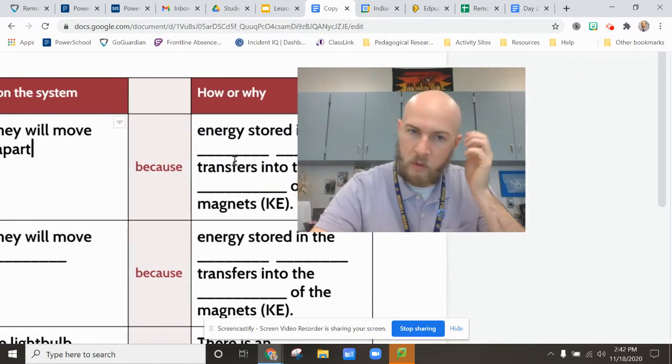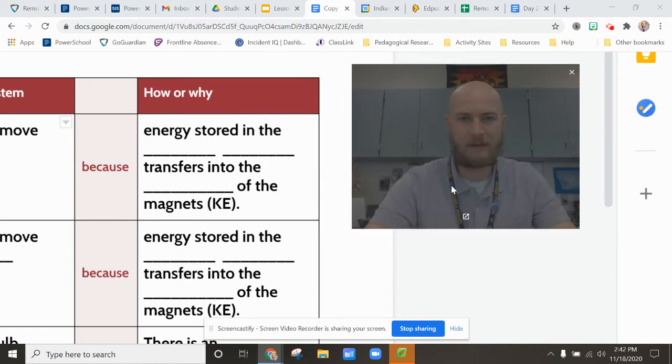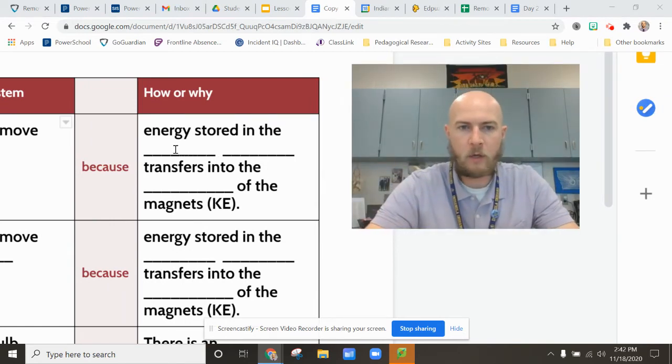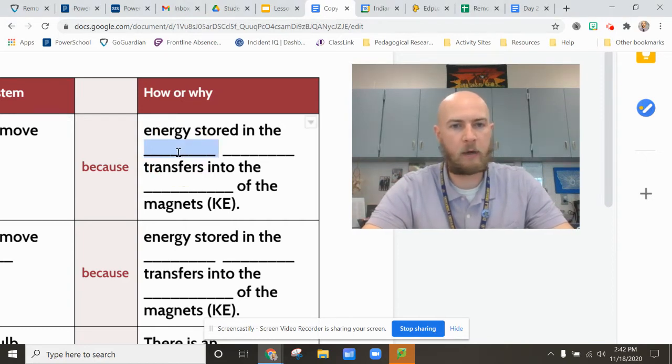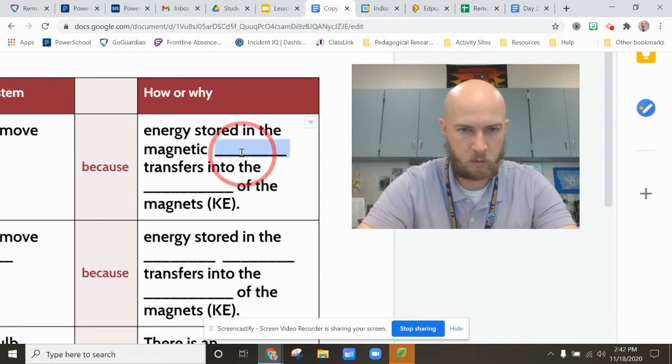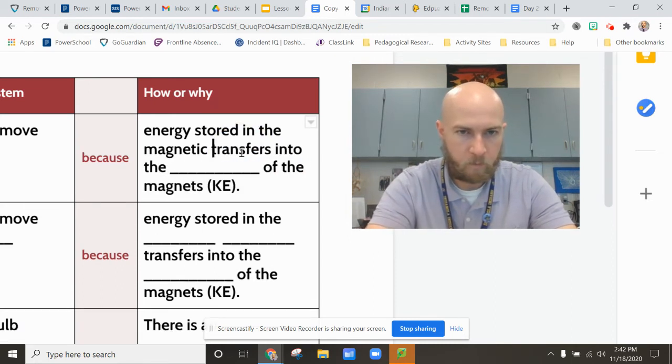Now, we need to explain why they did that. To explain that, we need to use energy in our explanation. We want to talk about how energy was stored in an area, and that area was the magnetic field.